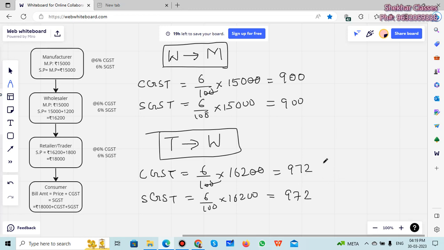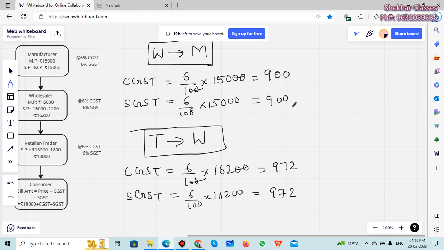Remember, since he has already paid a tax of 900 earlier when he bought it from the manufacturer, how much will he give to the government? It will be 972, which is the output tax, minus the input tax, 900.